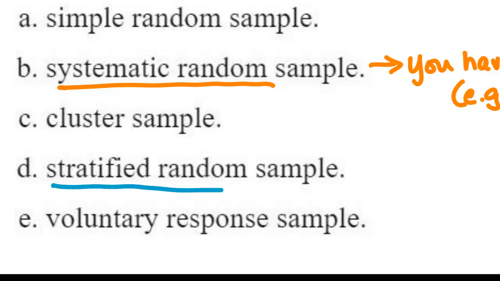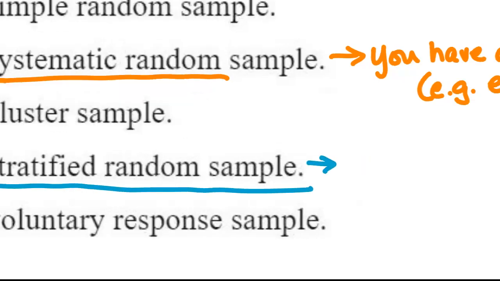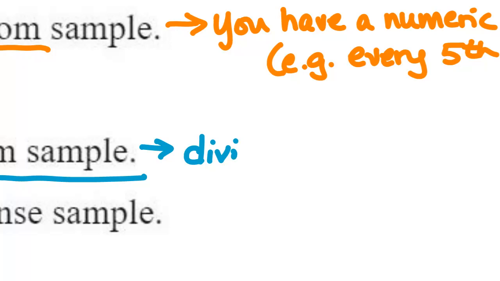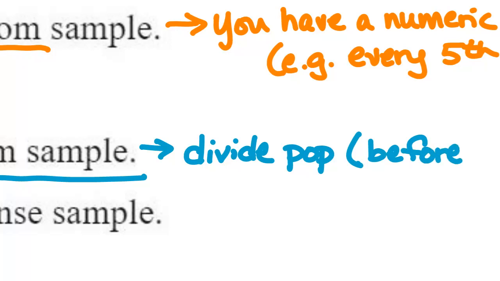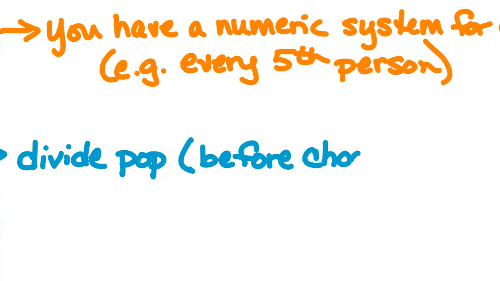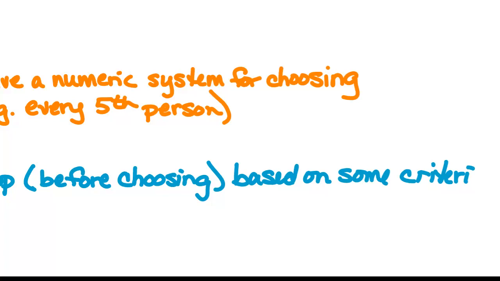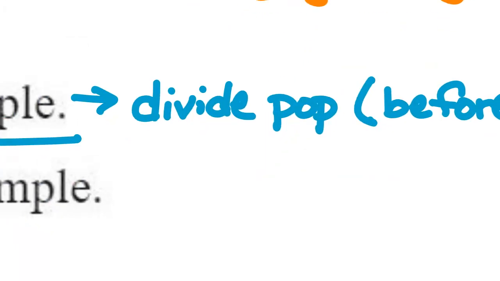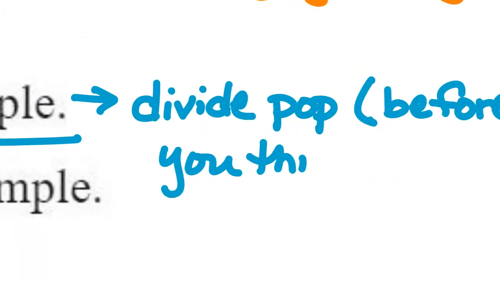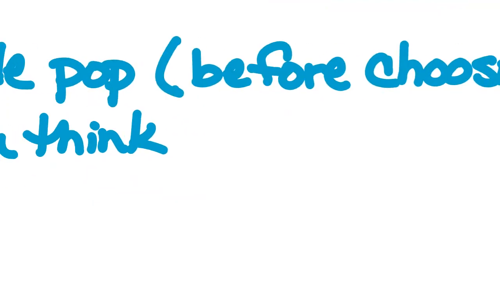Stratified random sample, you divide the population before choosing based on some criteria you think might be a confounding variable.